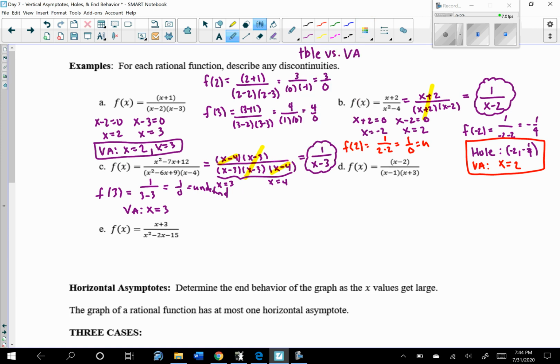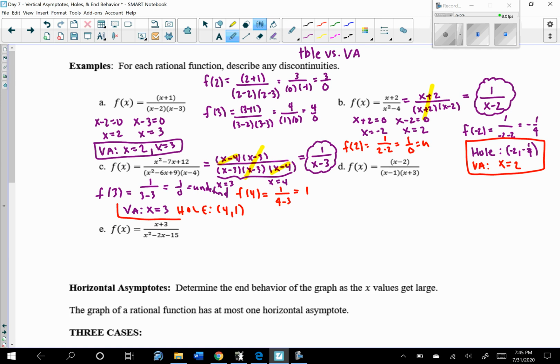If I do f of 4 in my simplified answer, I get 1 over 4 minus 3, which gives me 1 over 1, which is just equal to 1. Because it gives me a y value, that tells me that is a hole. So we have a hole at 4, comma 1.